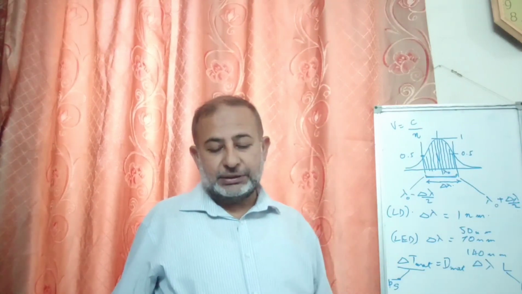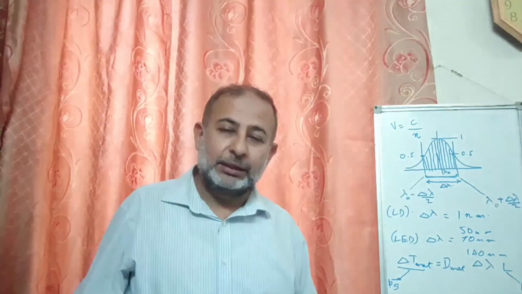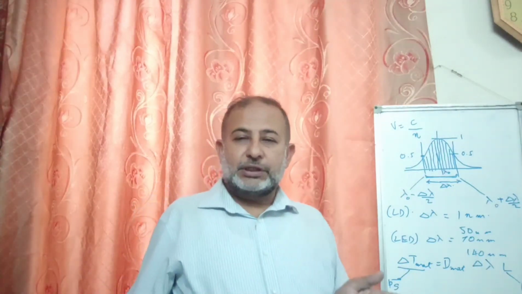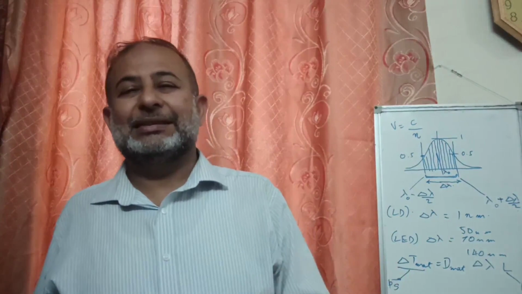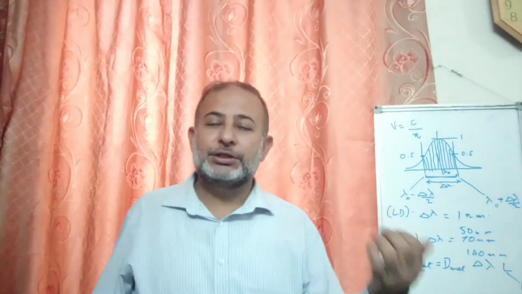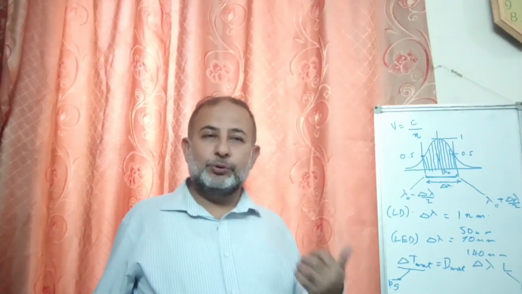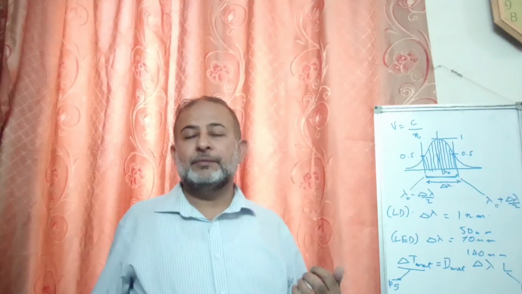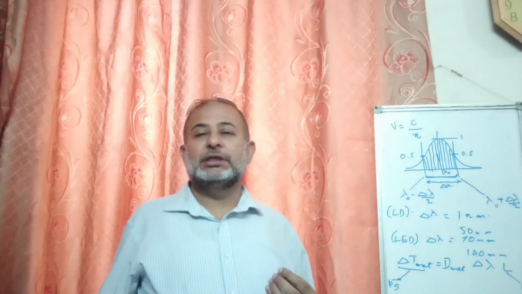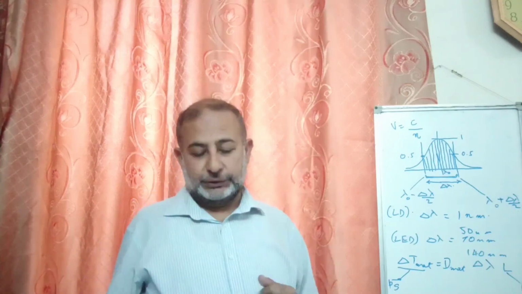So the pulse received at output is wider than at the input, because some portion of that particular pulse reaches via the cladding and it reaches first, while the portion that comes from the core reaches later, and it causes the extension or the widening of the pulse.